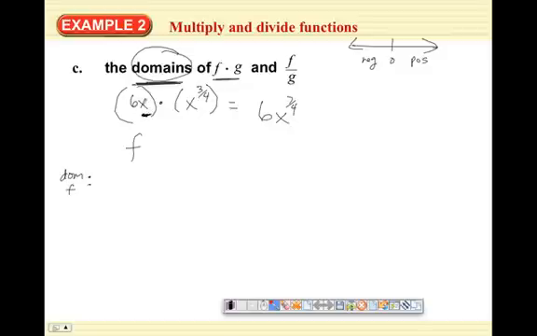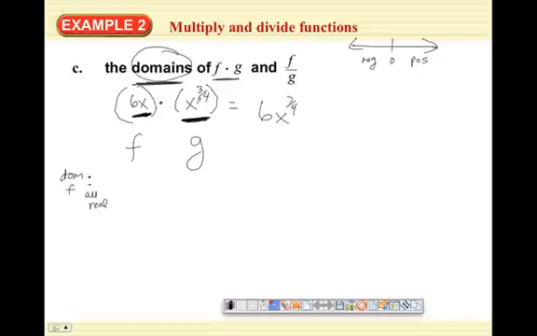Just right here. X could be negative, right? 6 times negative 5. That's negative 30. X could be negative. Could x be 0? Yes, right here. Could x be positive? Yes. X could be anything right here. So the domain of f, this guy, is actually all real numbers by itself. It's all real. What about this? What about the domain of g?